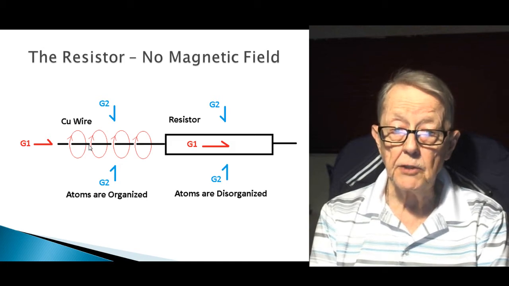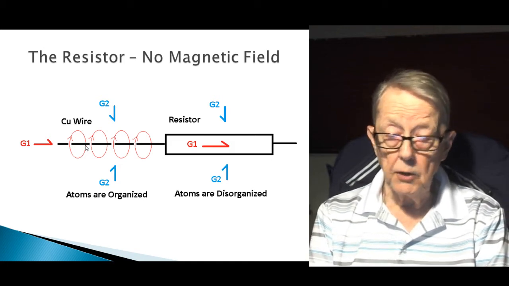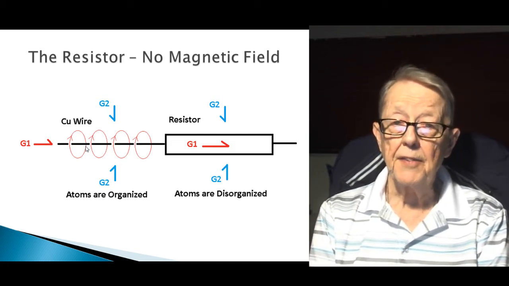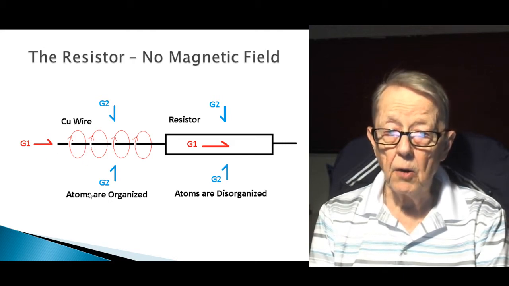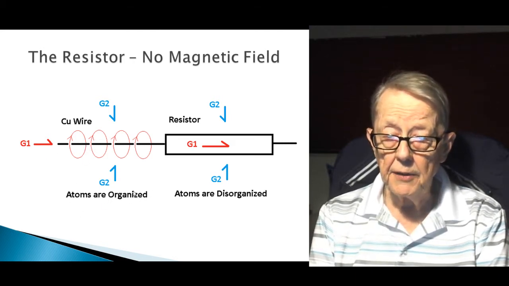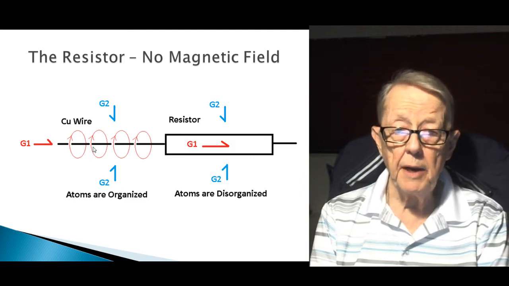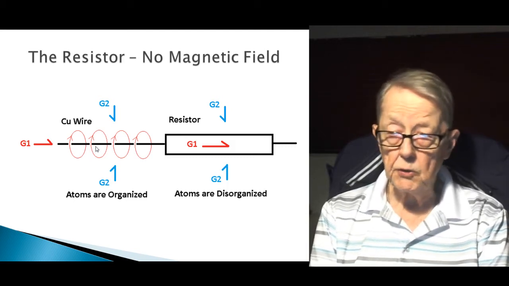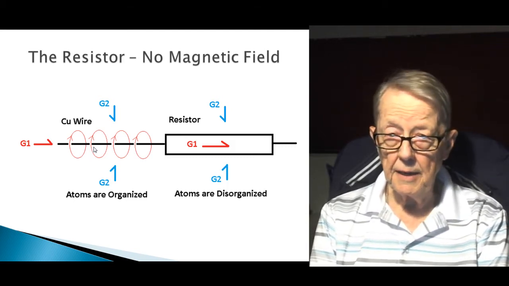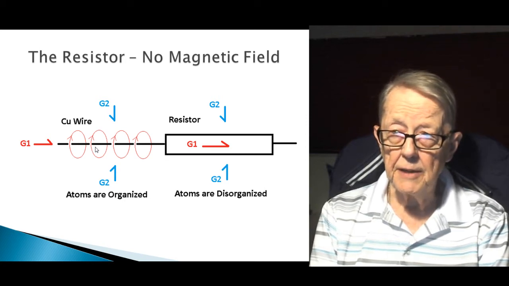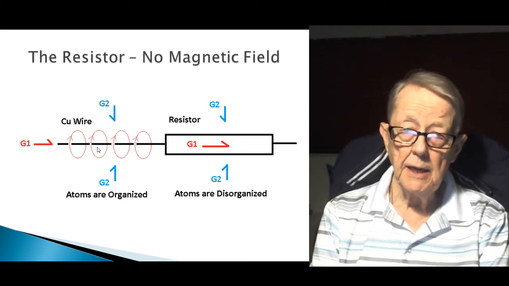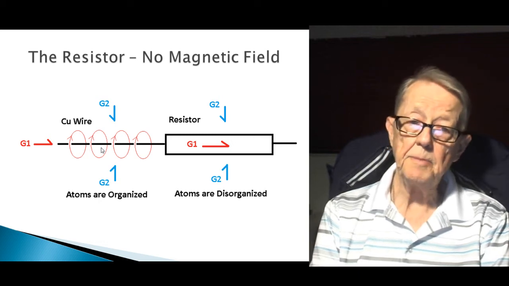And I have suggested in two previous videos that that's caused because of the organized atoms in the copper wire. When we make copper wire, we extrude it, we anneal it, and it all gets settled down nice, neat, and pretty. It's well organized.